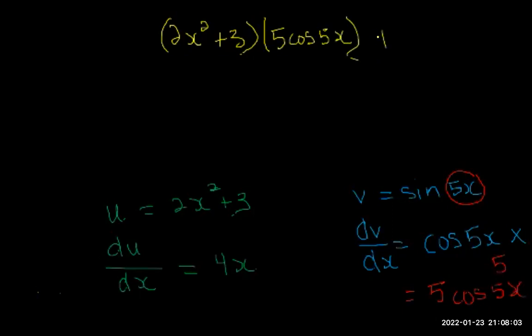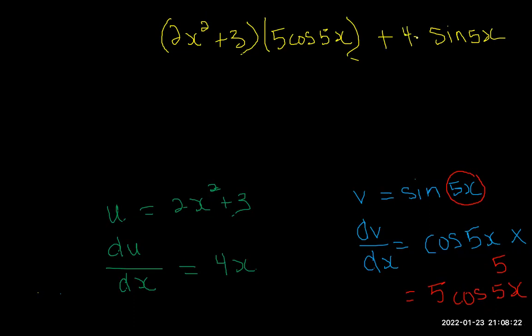And then we said this is adding to v du dx. v in this case was sine 5x, and du on dx is 4x.